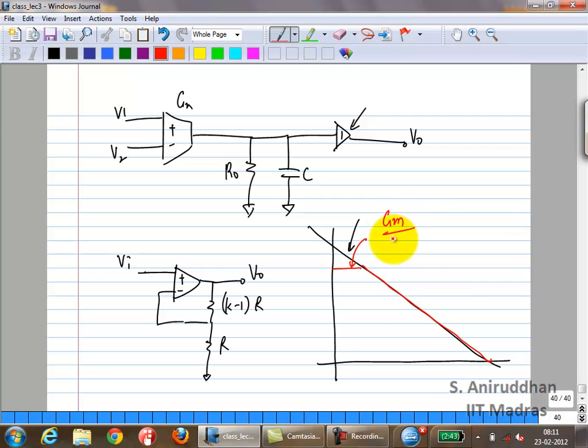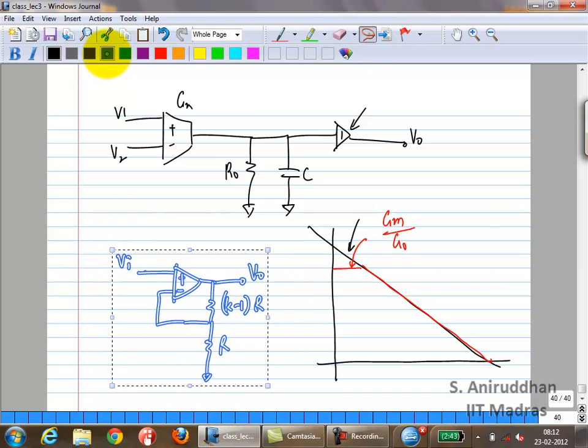What is the DC gain? Gm by G0. Correct? Okay, so just to distinguish, I'll make this blue.